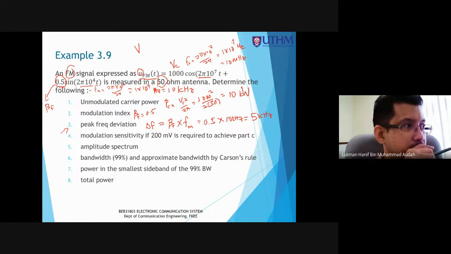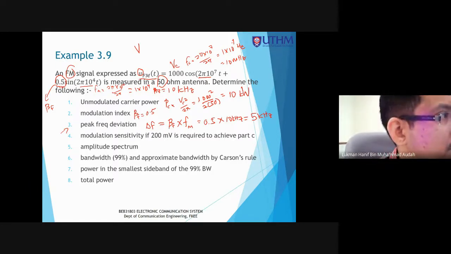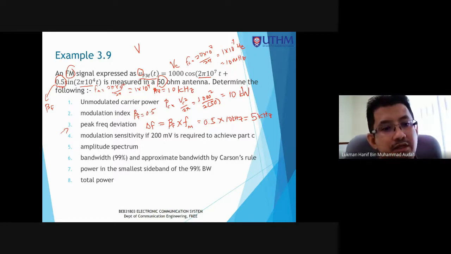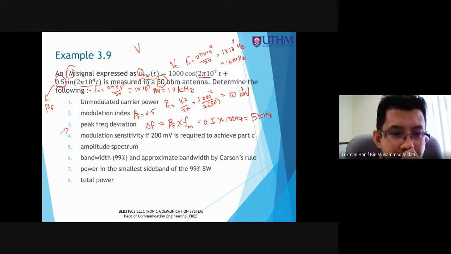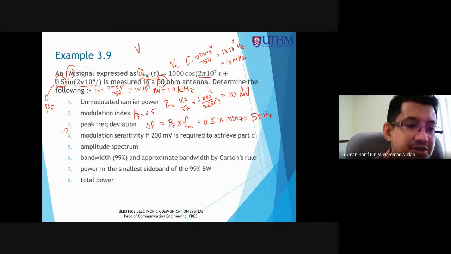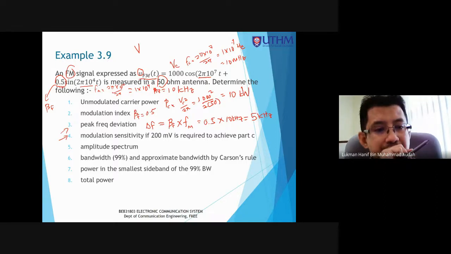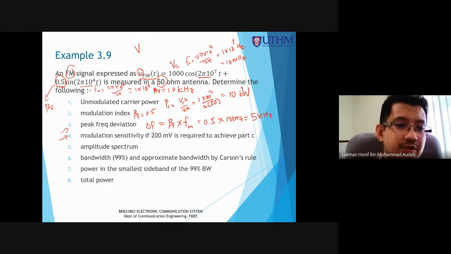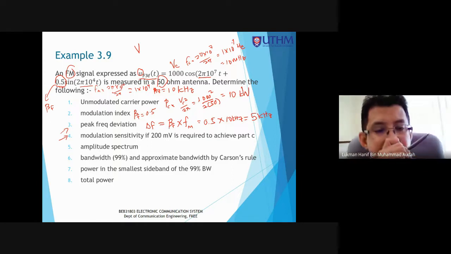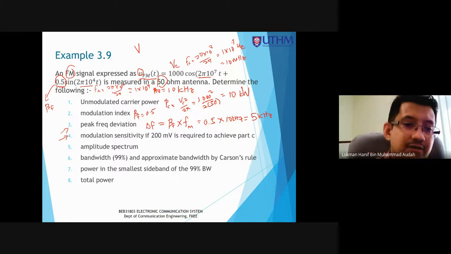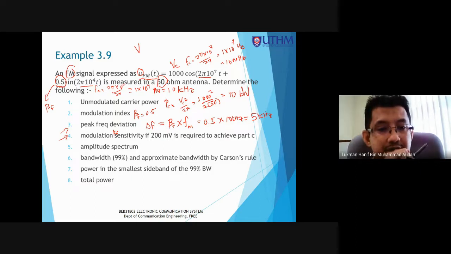Okay, then the question asks, determine the modulation sensitivity. Question number 4. What is this? This refers to parameter K, in this case KF, the modulation sensitivity parameter.